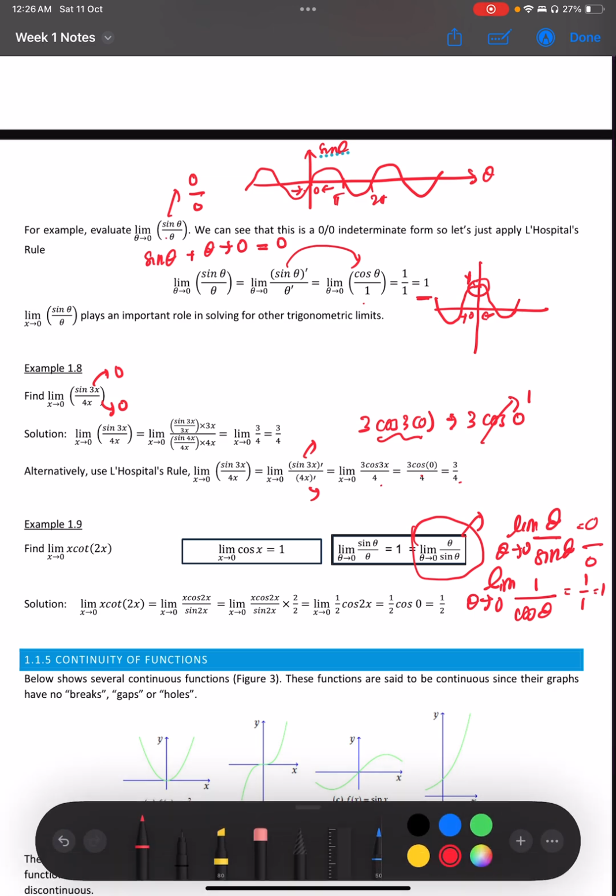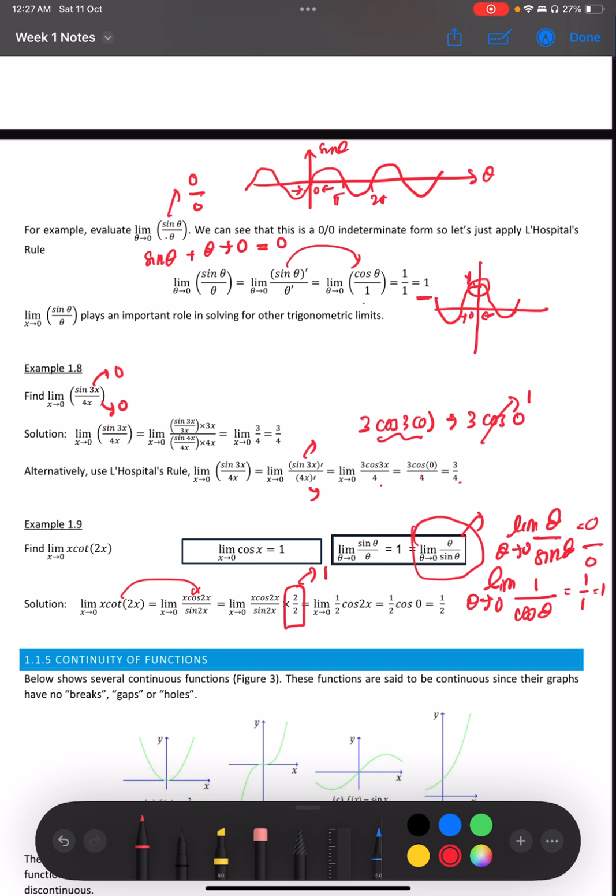All right, this example is x cot 2x. Cot, we can translate into cos over sine. So it becomes x cos 2x divided by sine 2x. What we are going to do is multiply with 2 divided by 2. This is equivalent to 1. There's no problem. We just want to make sure that it looks like sine divided by theta, I mean we want to make sure that it looks like this.